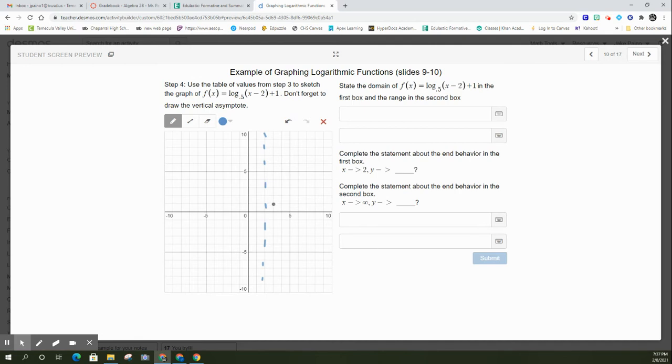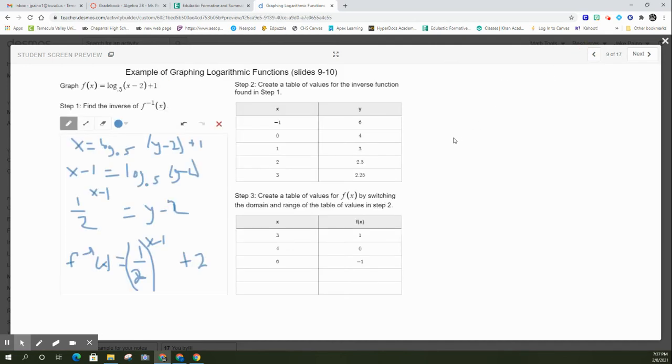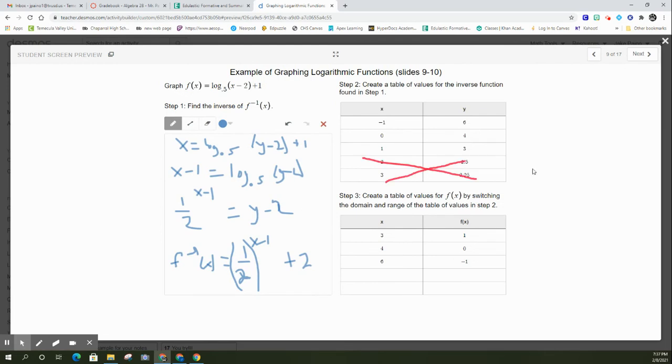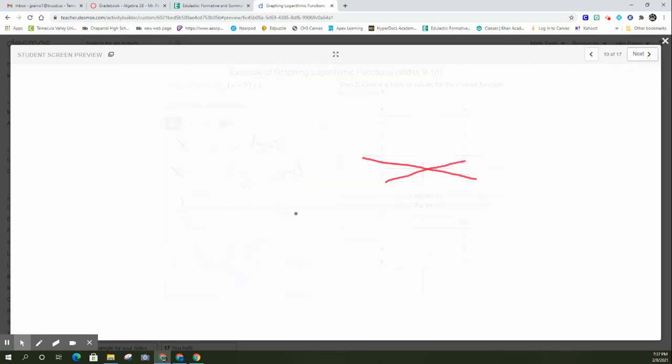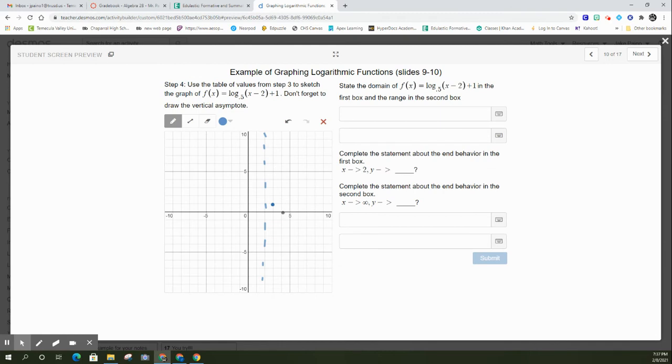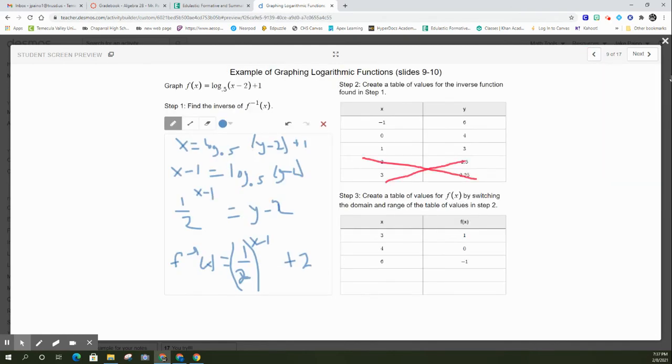Then 3, 1. 4, 0. And then 6, negative 1.